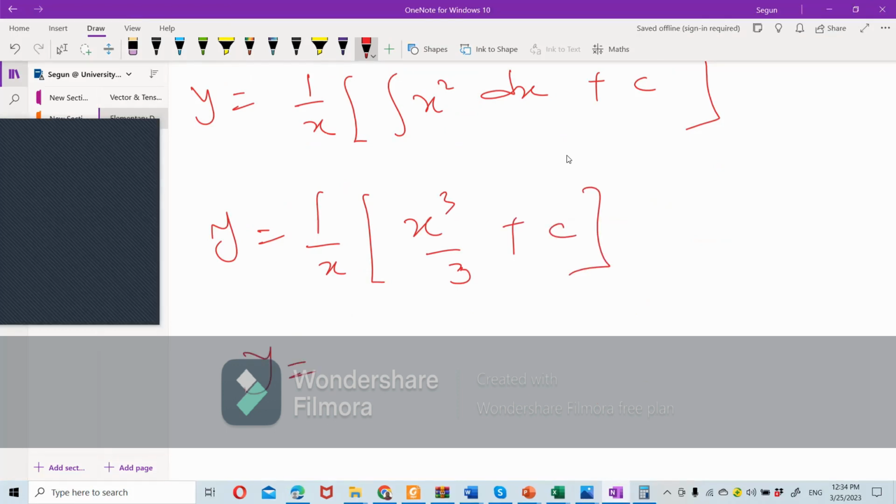So our y will be, this will cancel this. So you have x squared over 3 plus c over x.